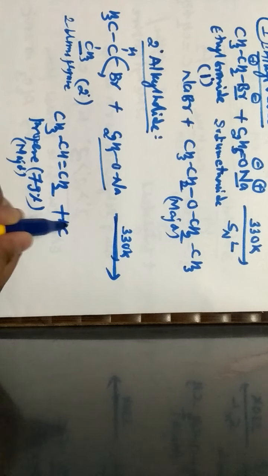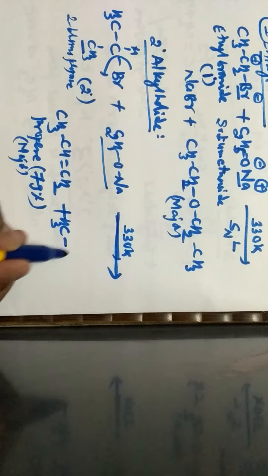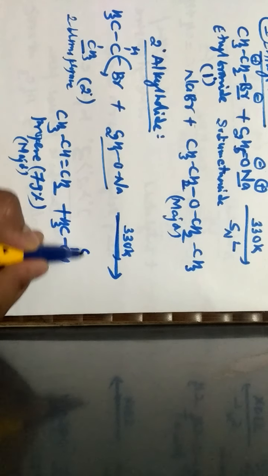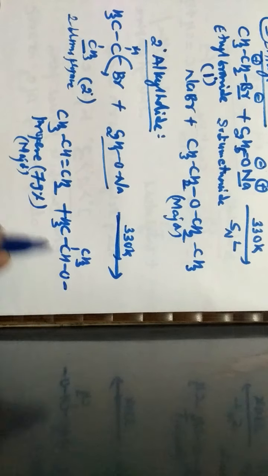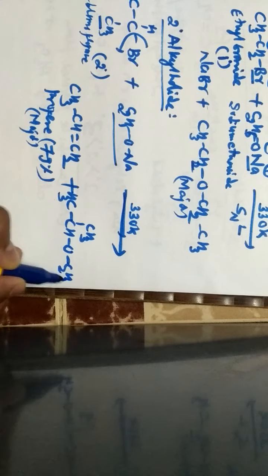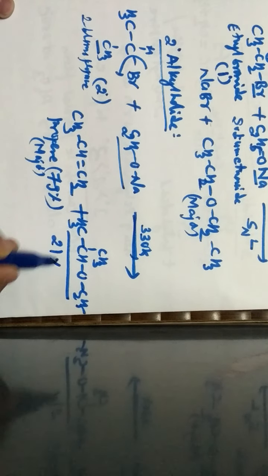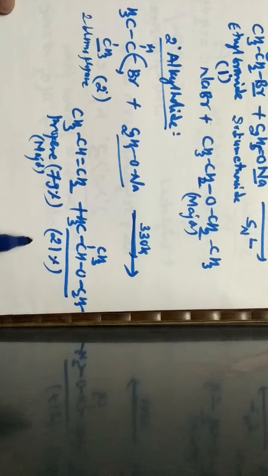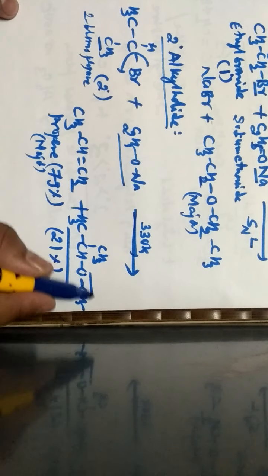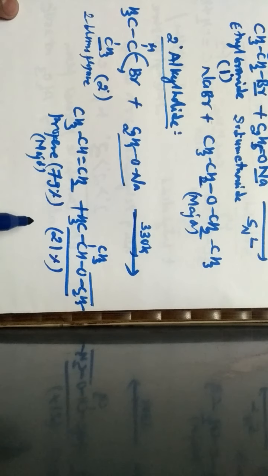So how is ether formed? That is CH3CHCH3 with O attached along with C2H5. So this is nothing but ether, where the percentage of ether will be 21%. OC2H5 is called ethoxy.